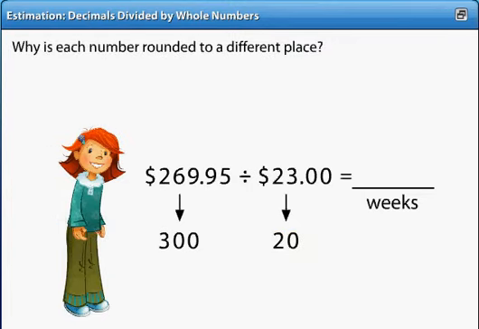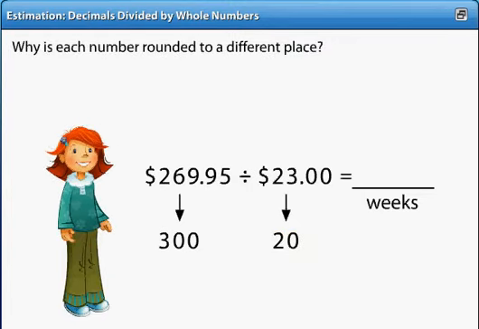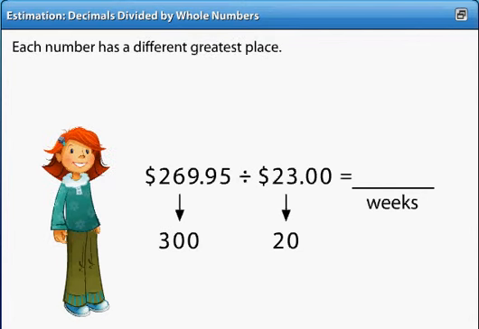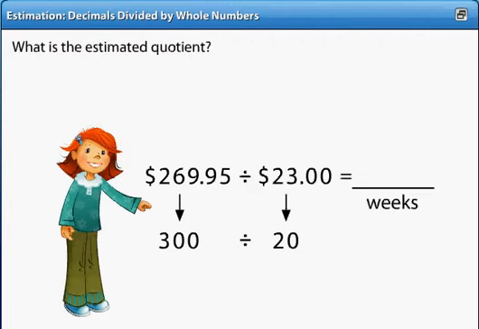Why is each number rounded to a different place? Each number has a different greatest place. What is the estimated quotient? So I wouldn't do 220 into 300. I would do 2 into 30.